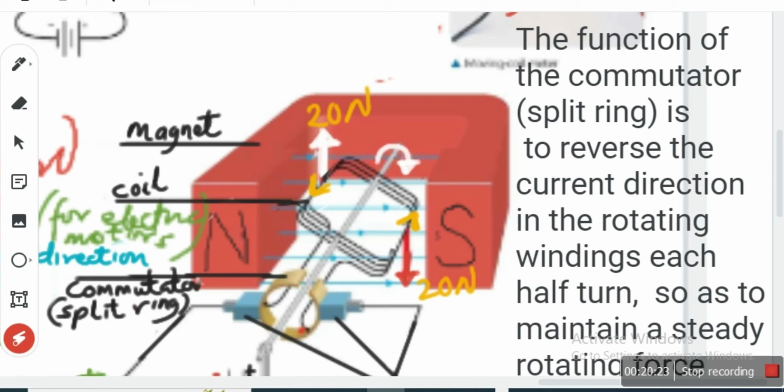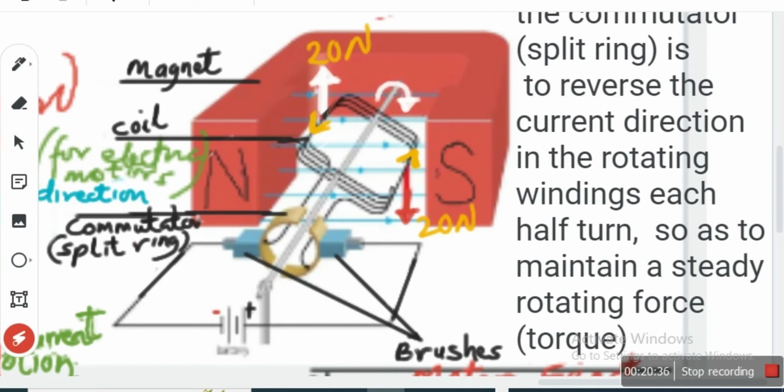As soon as this one is completing its motion into this other side, this one has already entered. So in all cases, current is continuously flowing. There's no time that current doesn't flow, because once current stops flowing, the rotation stops. The commutator helps to maintain rotation. That's what I want to explain to you.